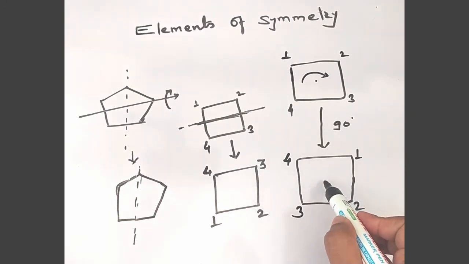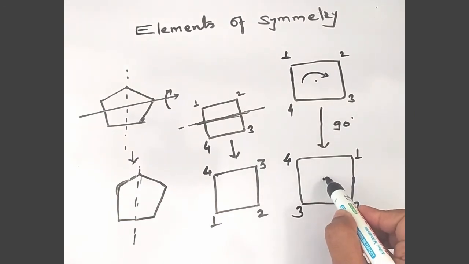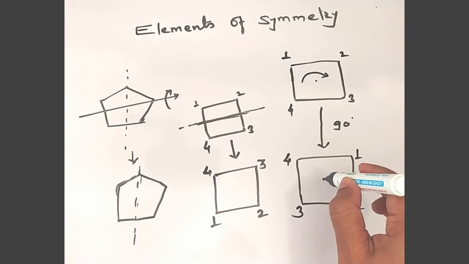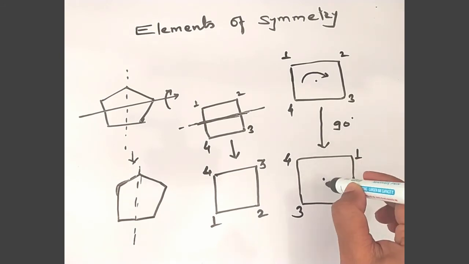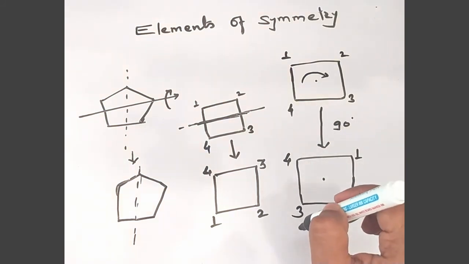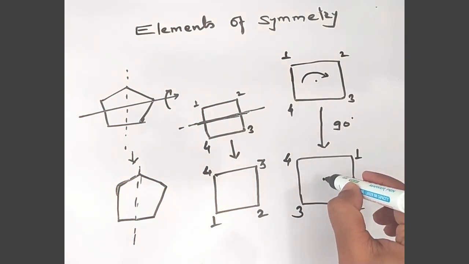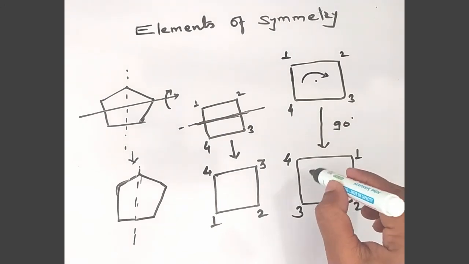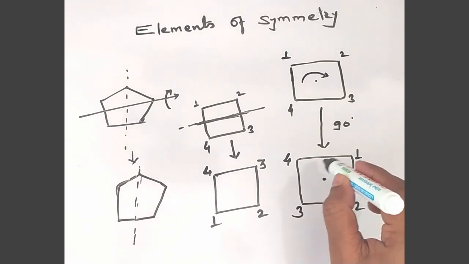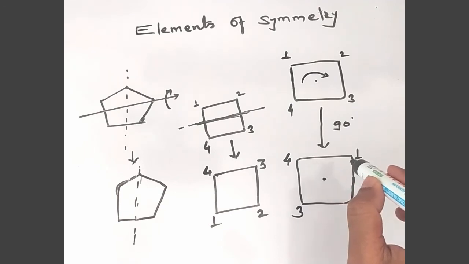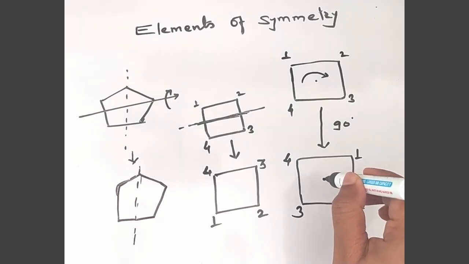This means that this point through which I am rotating, and the rotation, becomes an element of symmetry, and this point becomes a center of symmetry for this molecule.